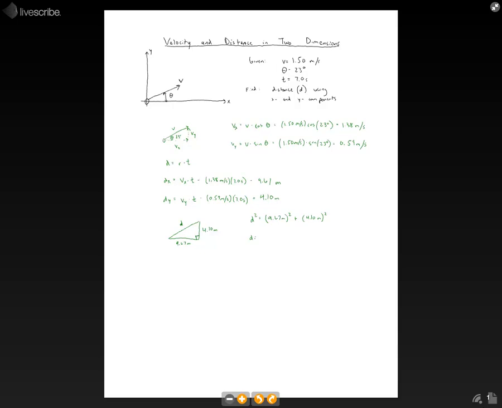Now if you take the square root of both sides of that, you should get the total to come out to be 10.5 meters. And that's a problem using velocity and distance in two dimensions.